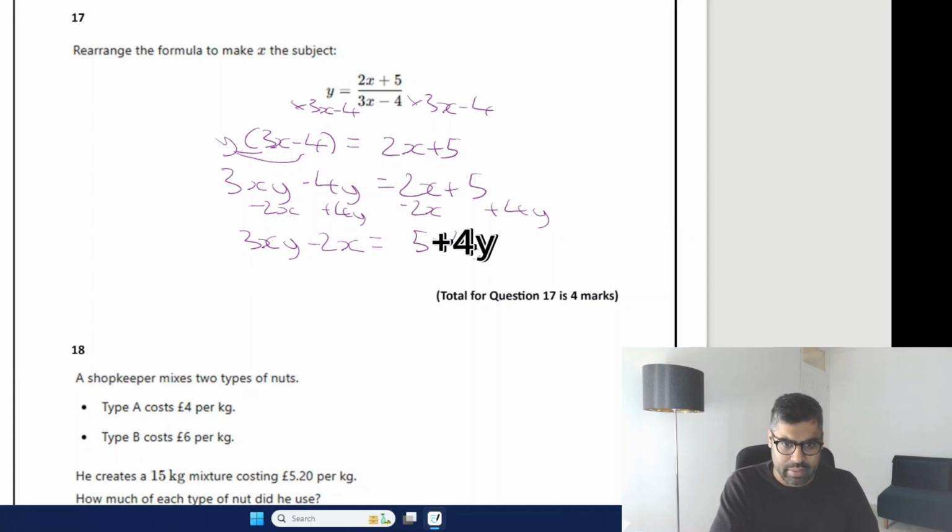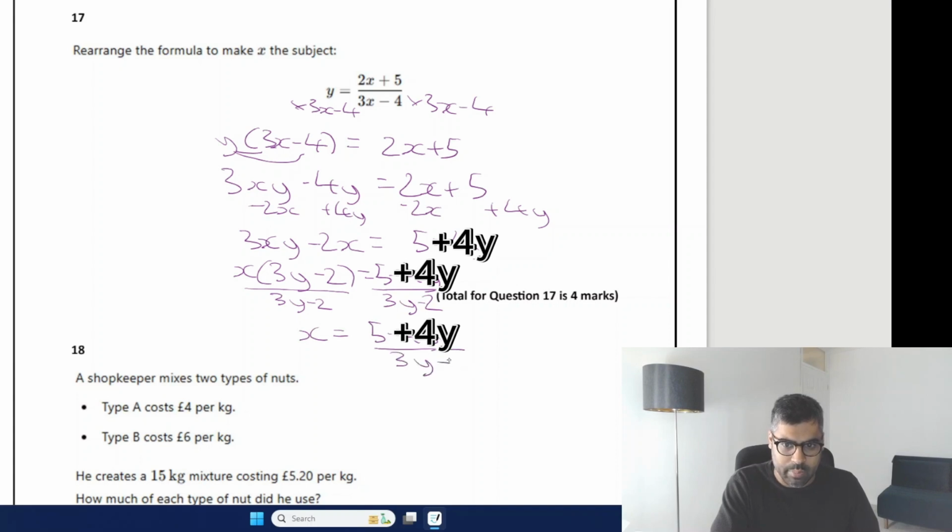So x leaves you with 3y minus 2, equals 5 minus 4y. Then we just need to divide both sides by 3y minus 2, which leaves you with x equals 5 minus 4y over 3y minus 2, and that is a great 4 marks.